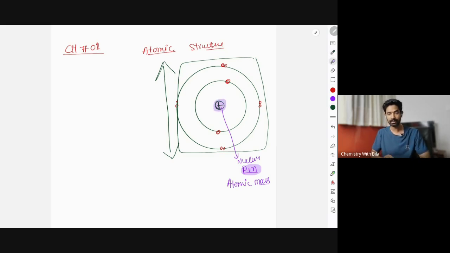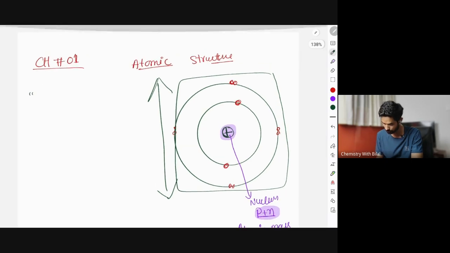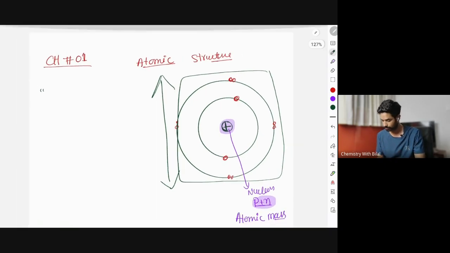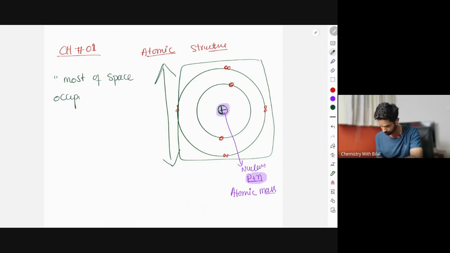This is the actual mass. So we can say that the actual mass of the atom is negligible as compared to the whole atom. So most of the space occupied by the atom is empty.